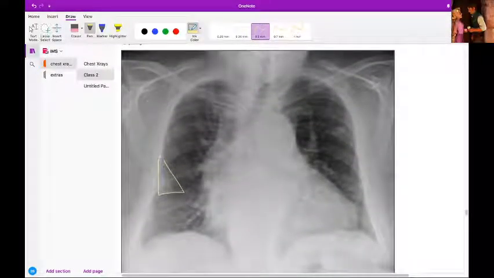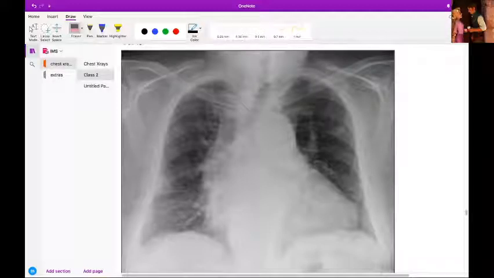Oh, this X-ray has a lot of things. Okay, what else do you guys see in this X-ray? Cardiomegaly, correct. What else? Okay, what else?